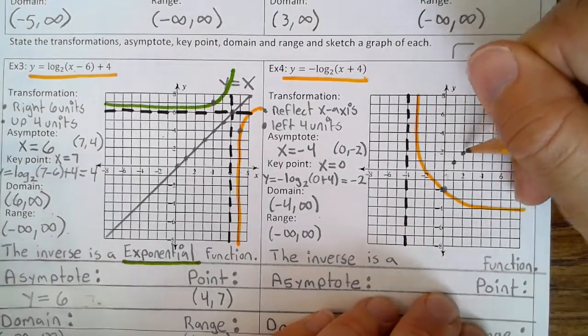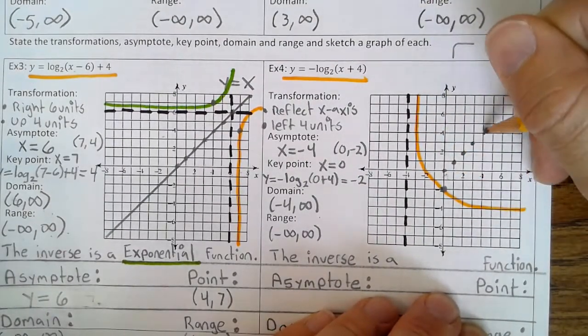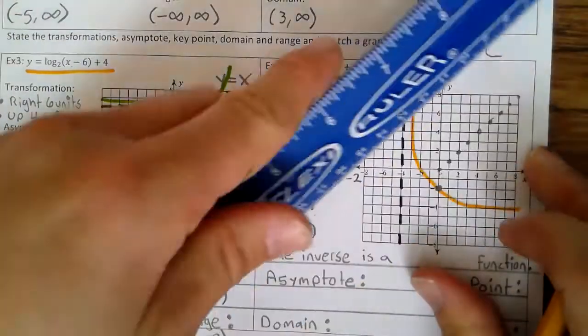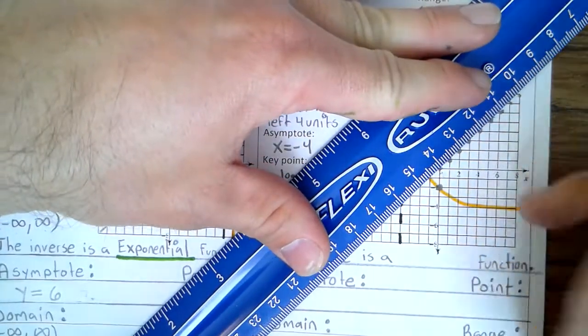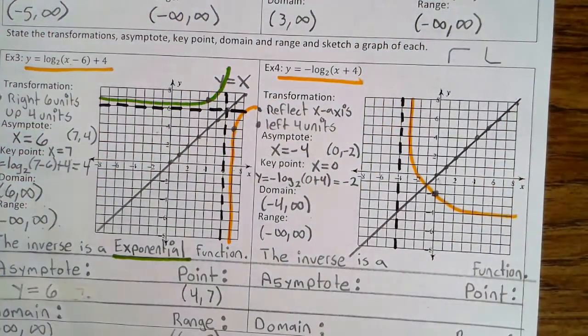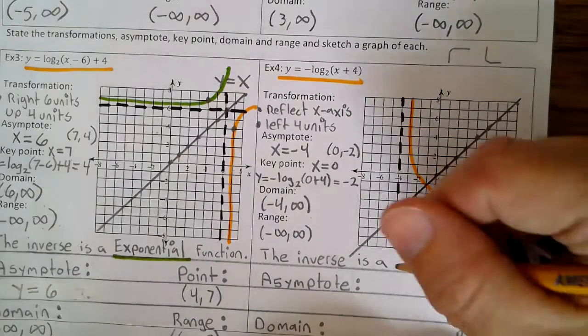Let's graph y equals x. All right. So now we know the inverse of a logarithmic is an exponential.